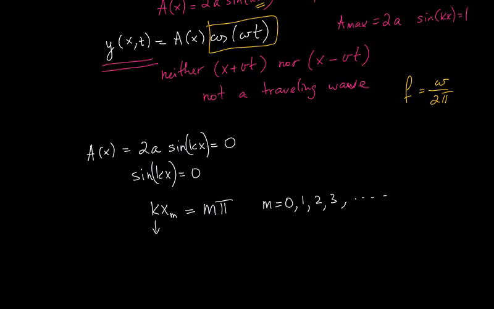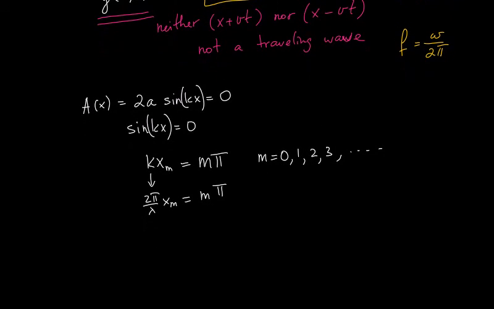On the other hand, we know that k equals 2 pi over lambda. So x_m times 2 pi over lambda equals m times pi. Now I can find out where each x is. The pi's will cancel out, and we'll end up having x_m equals m times lambda over 2.